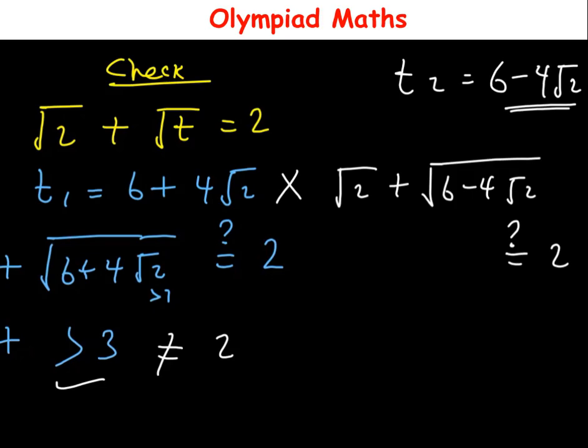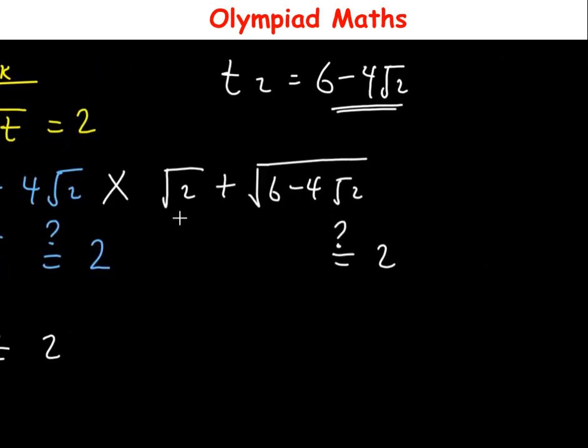Root 2 gives us a number greater than 1. Multiplying root 2 by 4, you get a number greater than 5. And subtracting, 6 minus 5, then taking the square root, you get a value less than 1.